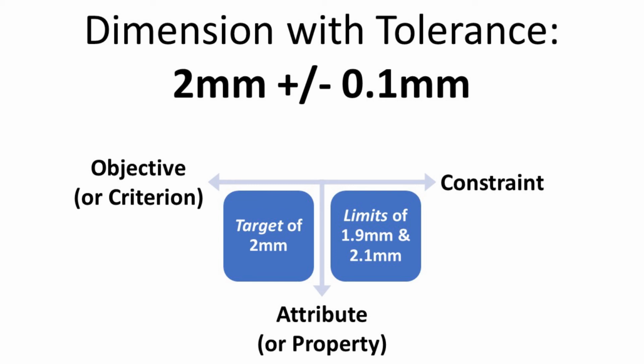So, for example, if we specify a target value of 2 millimeters and a tolerance of plus or minus 0.1 millimeter, the objective is 2 millimeters and the constraint is that it be between 1.9 and 2.1 millimeters.